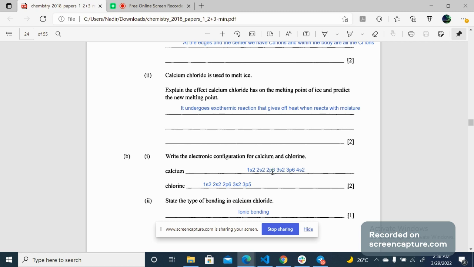After filling the second shell with 8 electrons, we now move towards the third shell, and this third shell has again 8 electrons. In the third shell, by the way, it's possible to have at most 18 electrons, but we are running out of electrons when we are talking about calcium, because when we have moved from first, second to third, we have already counted 10 electrons when we reach the third one.